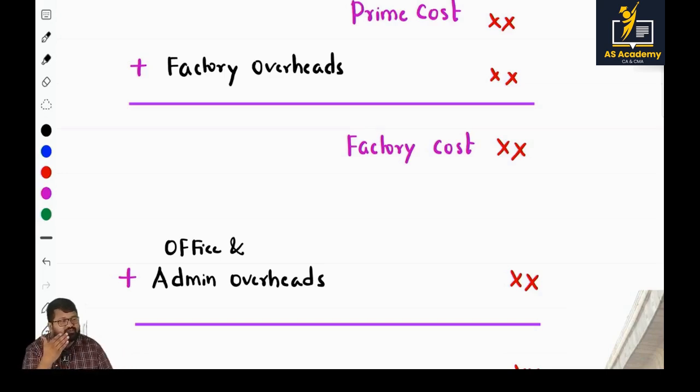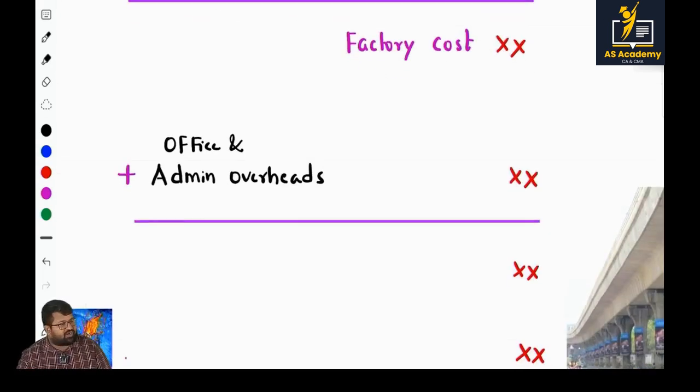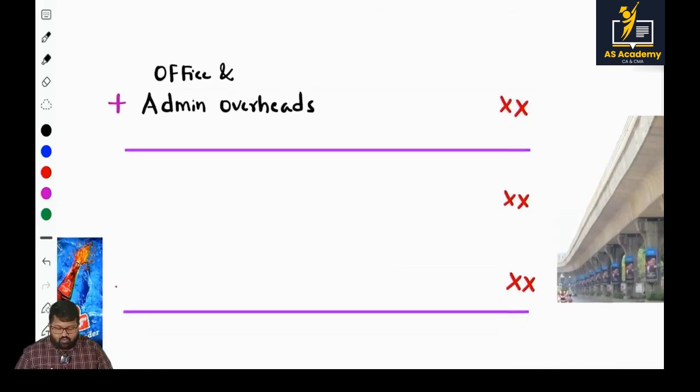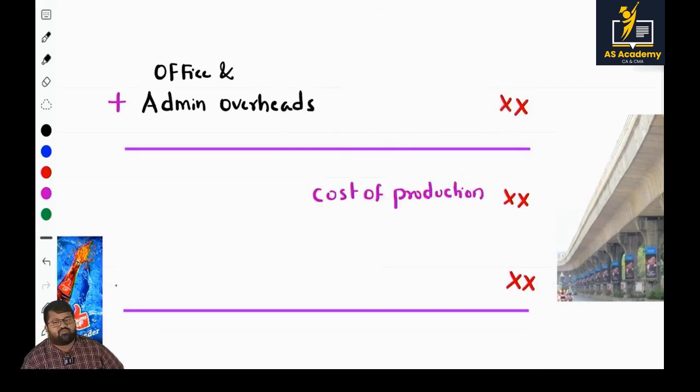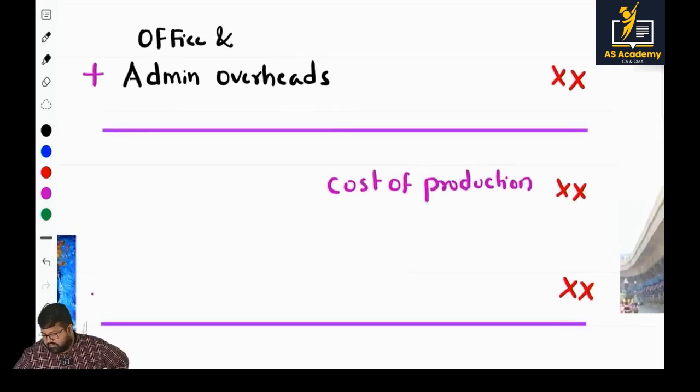And for that there is management, office and all. That office exists because of the factory. So we add the office overheads to the factory cost. That finally is known as what? Cost of production. What is that summary known as?